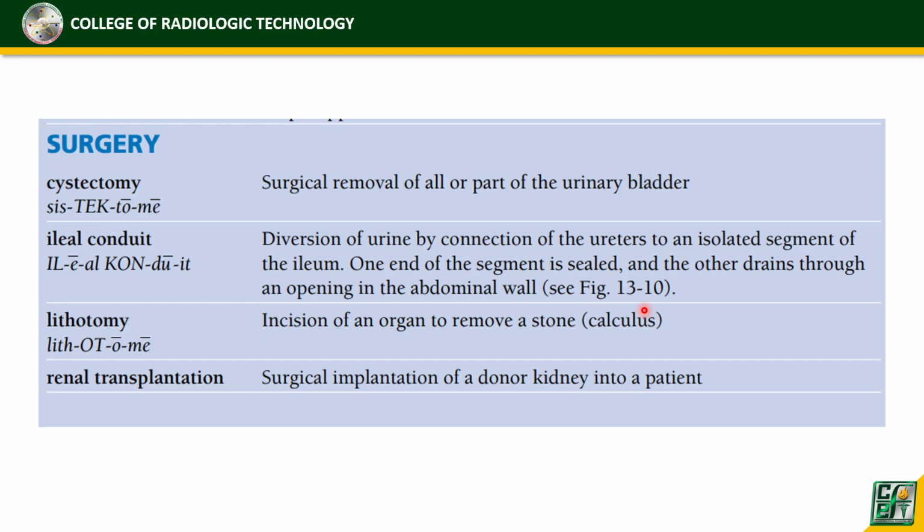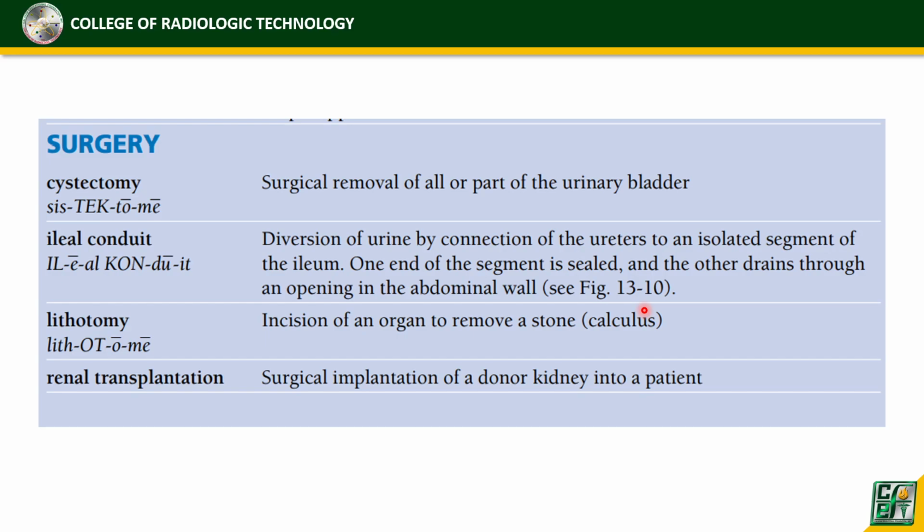Then surgery, cystectomy, surgical removal of all or part of urinary bladder. Then ileal conduit, diversion of urine by connection of the ureter to an isolated segment of the ileum.